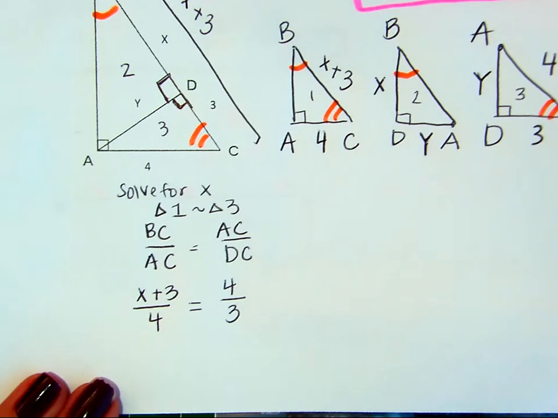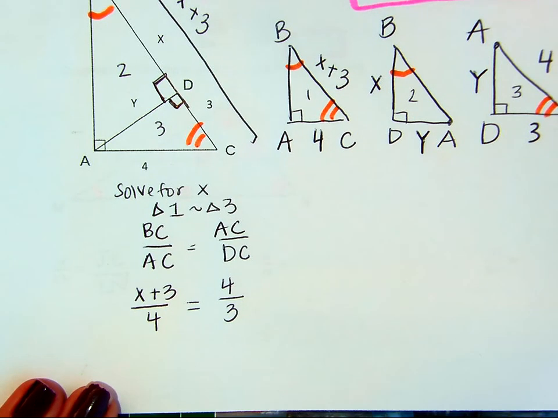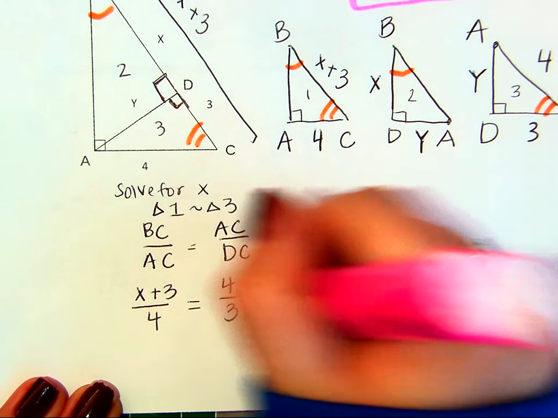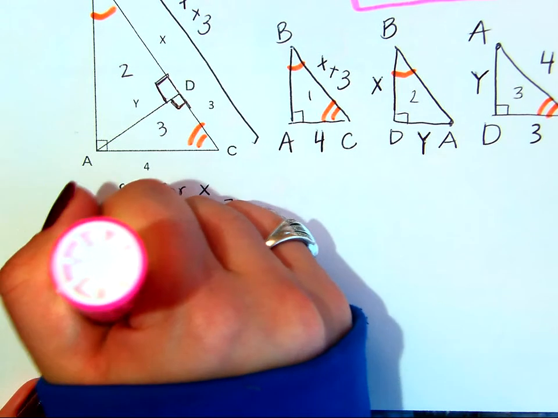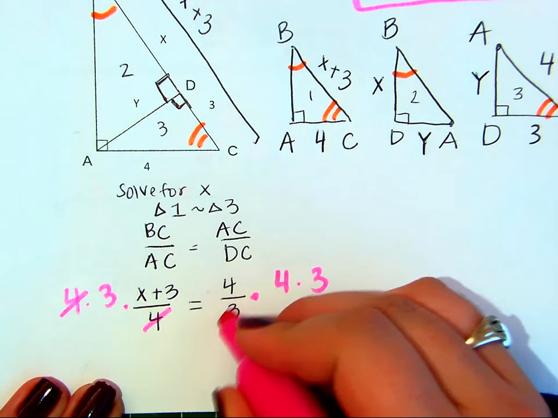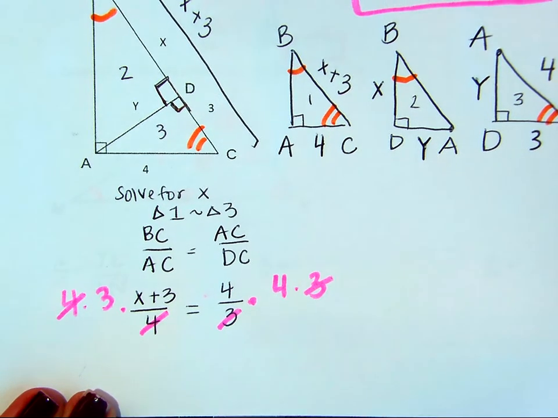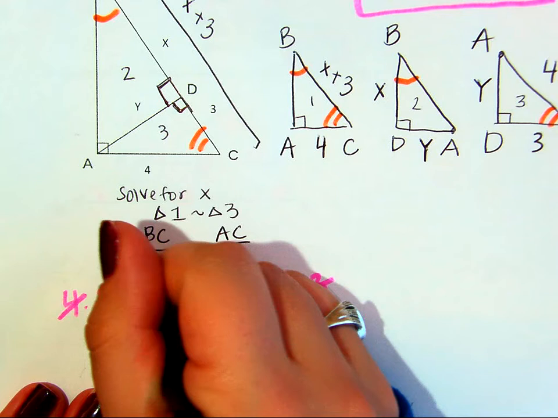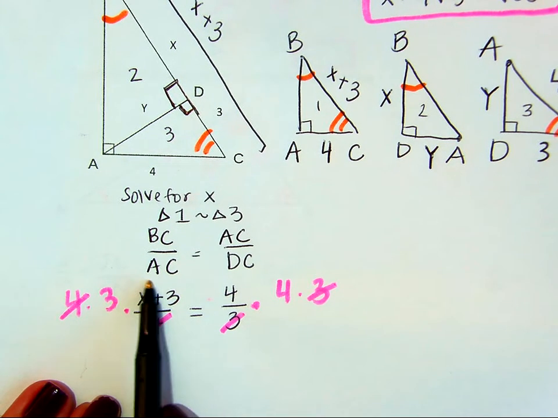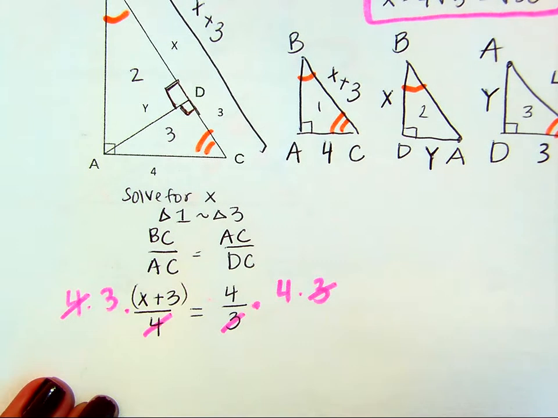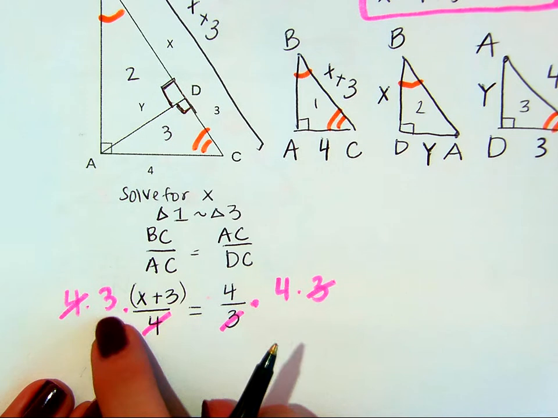In order to get rid of the fractions, on both sides I'm going to multiply by my denominators: 4 times 3, 4 times 3. My 4's cancel, my 3's cancel. But you have to be careful here. 3 is being multiplied to everything in the numerator, so it helps to put parentheses around it, to make sure you multiply both of those values by 3.